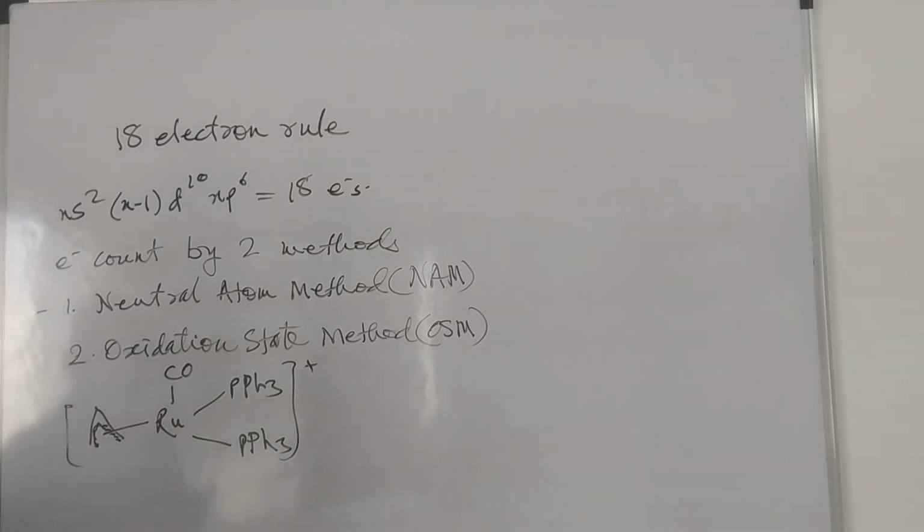In this complex, the allyl has 3 carbons, 3 electrons.